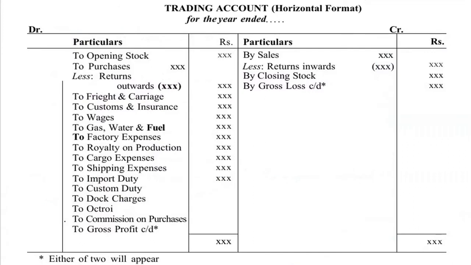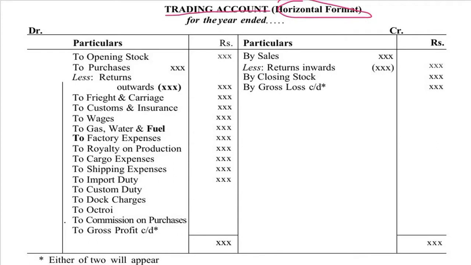Let us see the pro forma, that means how the table will be designed, what things will be written on the debit side and what things will be written on the credit side. Here this is the heading, guys: trading account, horizontal format. In place of horizontal format you write the company name or the person name, whatever they give, for the year ended or for the date, whatever they give.